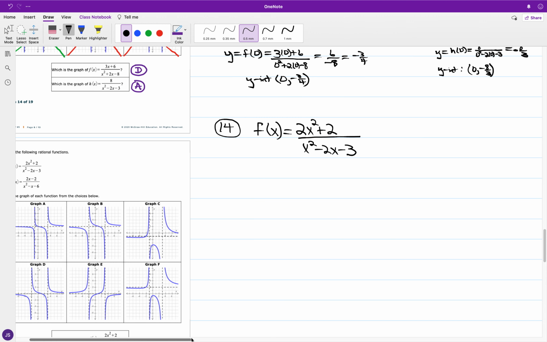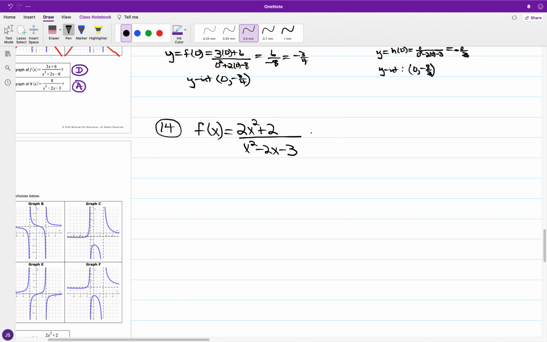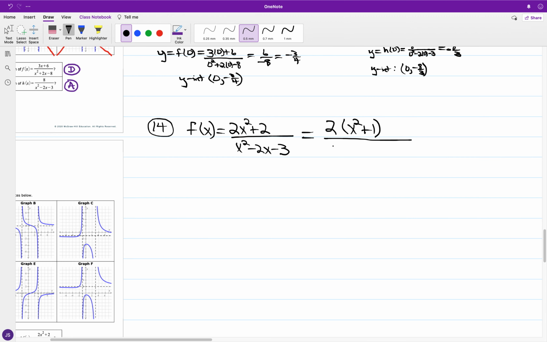And what I'm going to do here, I'm just going to go ahead and factor. Okay, so from the numerator, I have 2 times the quantity of x squared plus 1. And for x squared minus 2x minus 3.